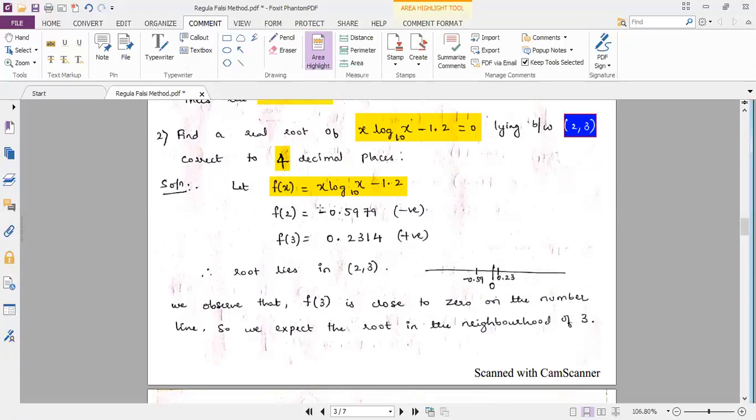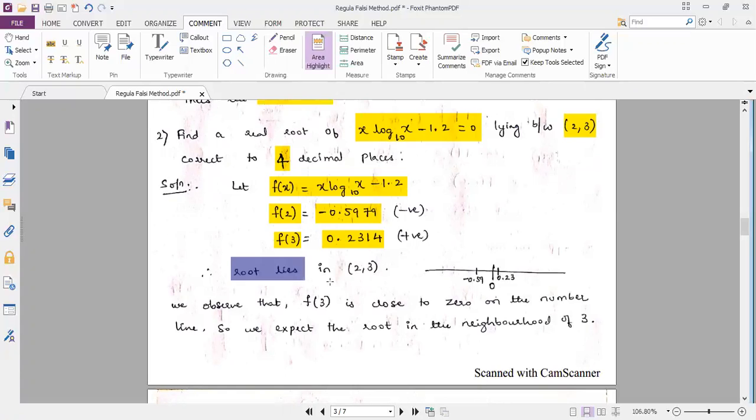Let us find out f of 1, f of 2 and f of 3 from the calculator. It is log x to the base 10. So obtaining values as minus 0.5979, a negative, and 0.2314, a positive value. So obviously the root lies in the interval 2, 3.